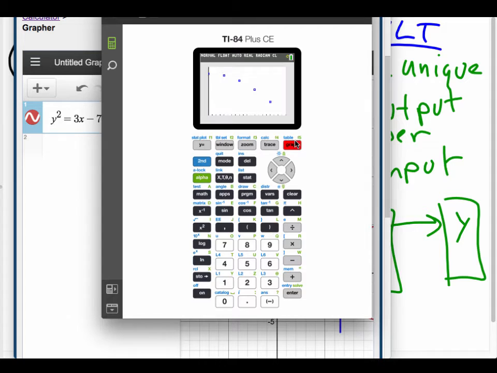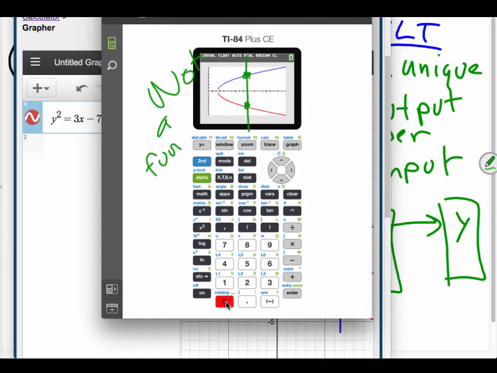I don't need your help. And then I got to turn the stat plot off. So let me turn that off. I was using that the other day. And then let me choose a standard fit. All right. Same graph, right? And if I go through here and do the vertical line test, it crosses here and here. So again, this is not a function. Does that make sense? Yep.